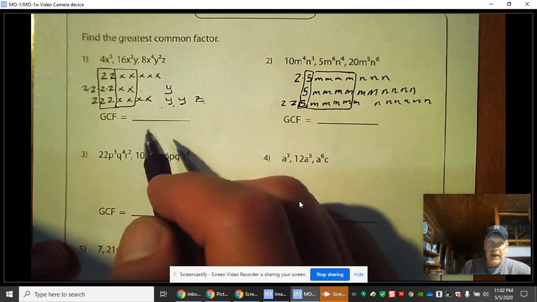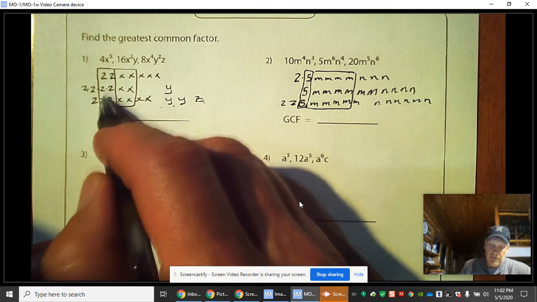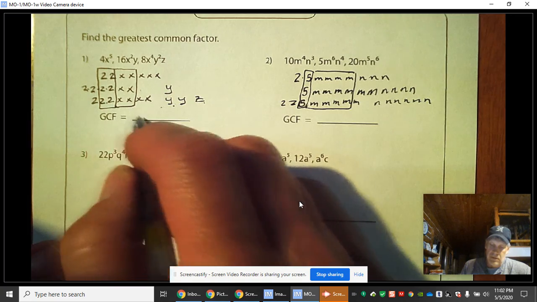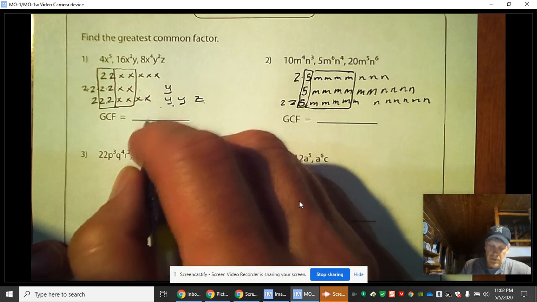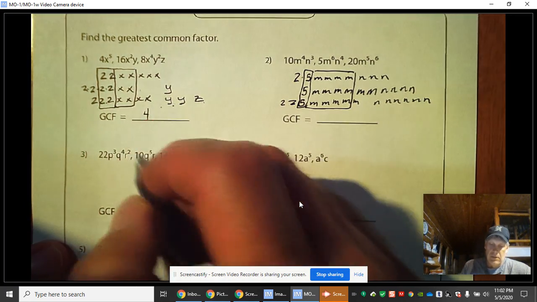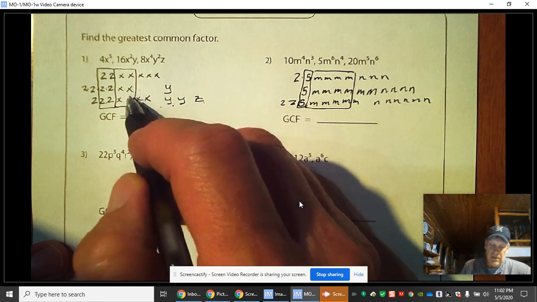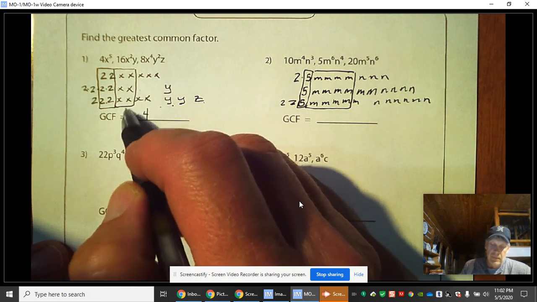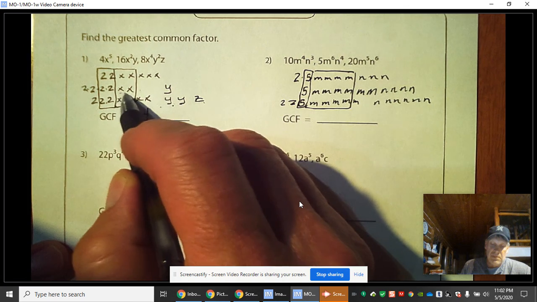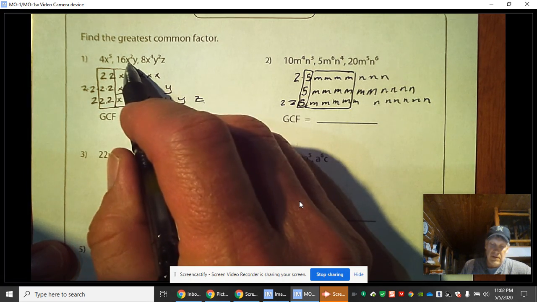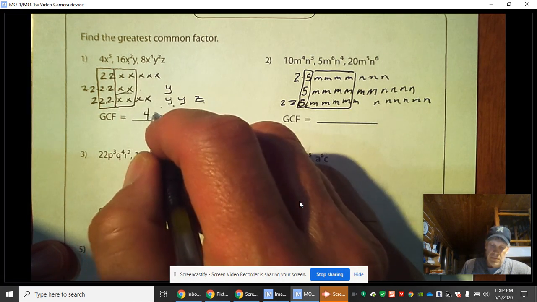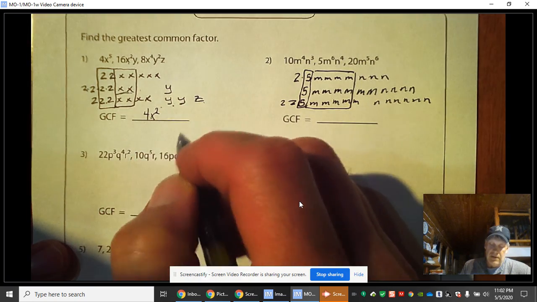So now let's look at what they have in common. Well, they both have 2 2's. Well, we learned on the other one, 2 times 2, that's 4. What's the most x's that I can take out of all of them? Well, the most is going to be the smallest right here. It's going to be this x squared. So I circled that.